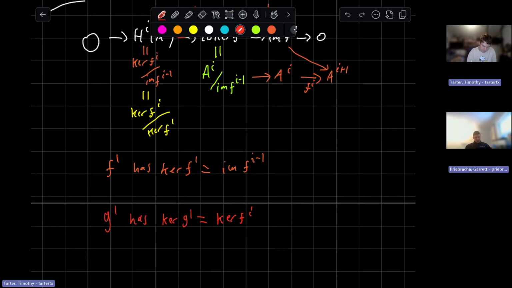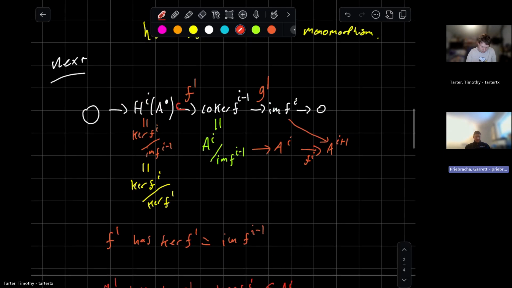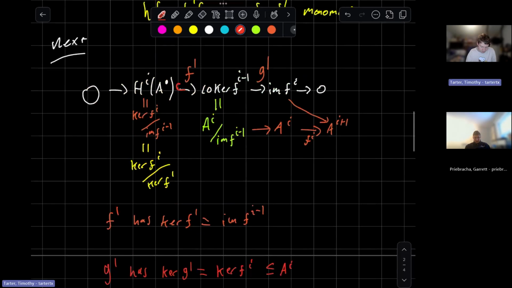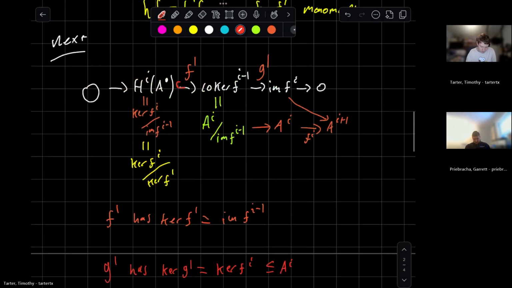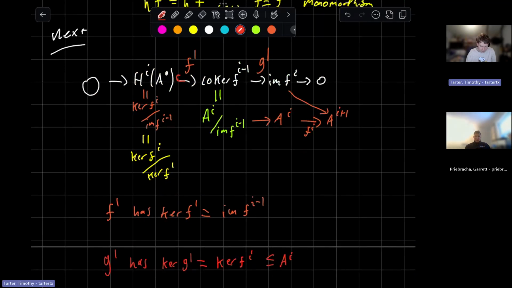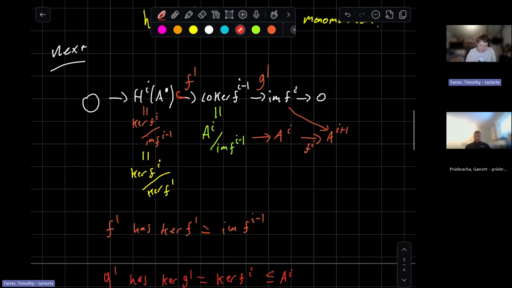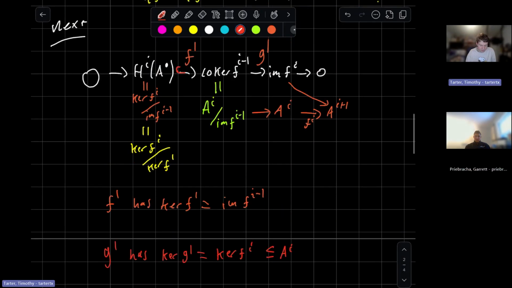Well, then now the homology group is the kernel of G prime mod the kernel of F prime. Yes, the homology group is the kernel of G prime mod the kernel of F prime.